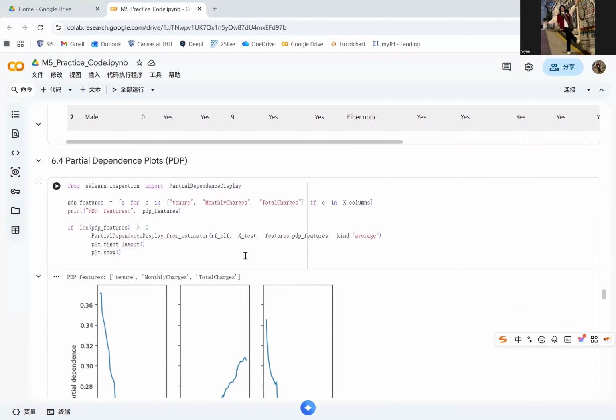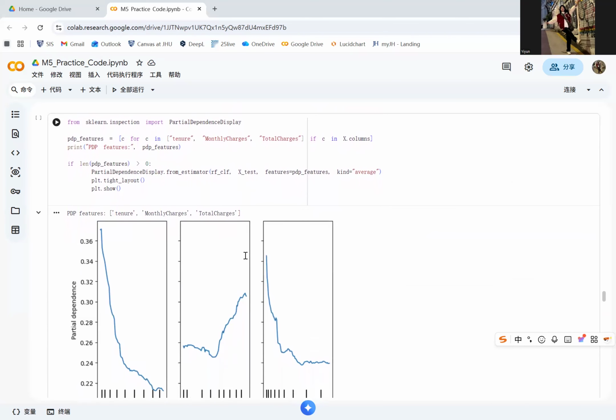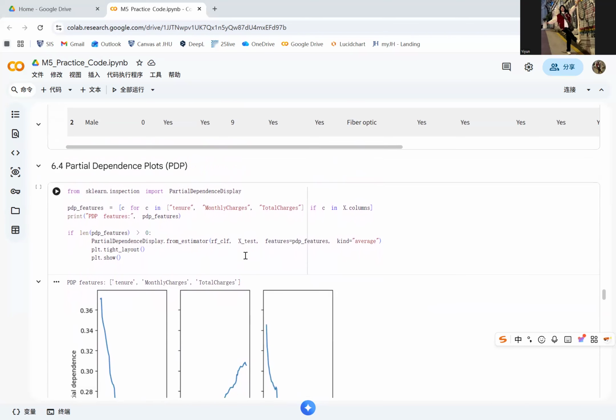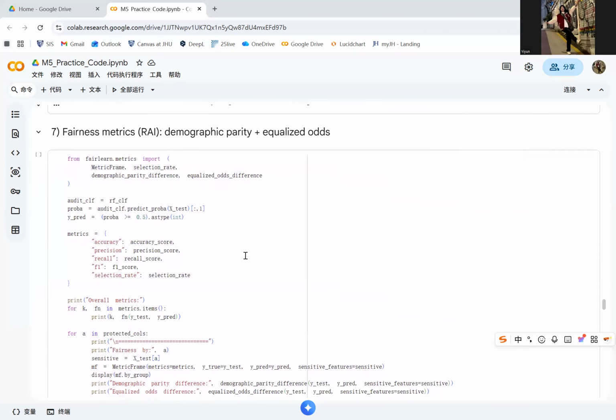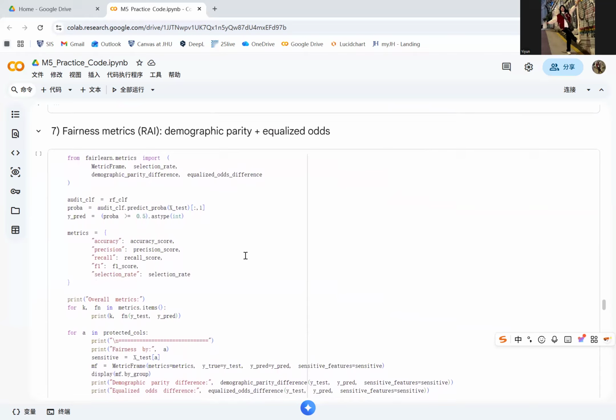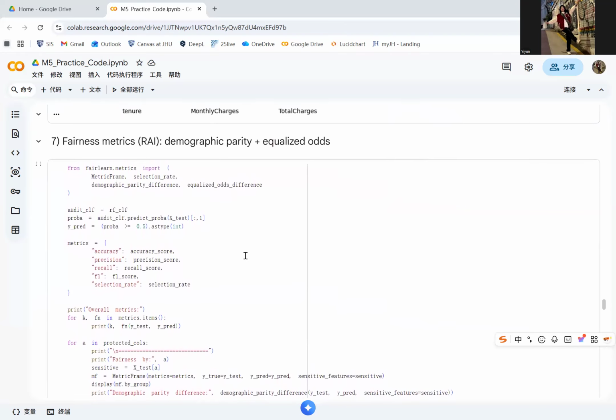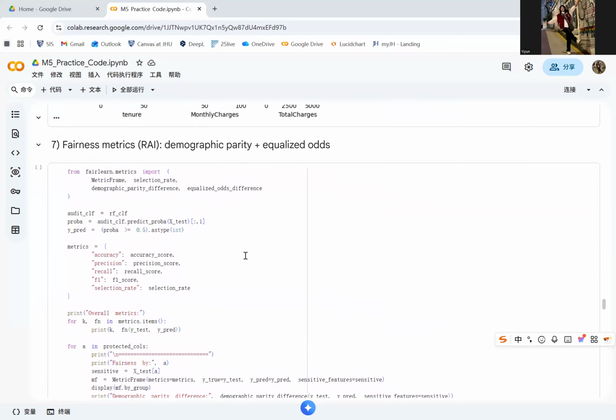And beyond interpretability, I also evaluate fairness. Responsible AI requires ensuring that models do not unfairly disadvantage specific groups. To assess fairness, I calculate fairness metrics such as demographic parity and equalized odds across demographic groups.